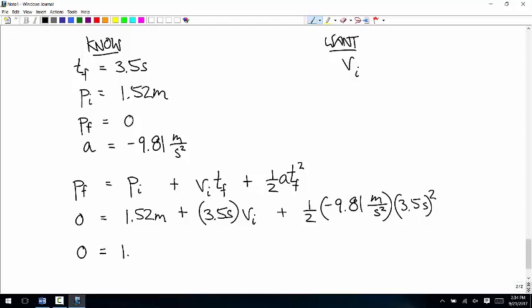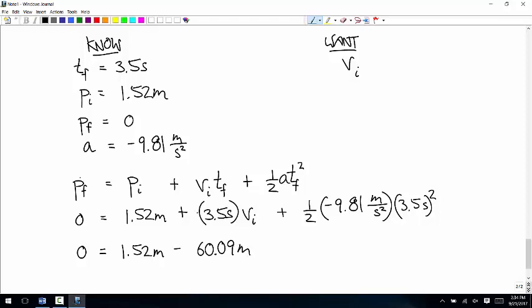So 0 is equal to 1.52 meters. What's 3.5 squared times 4.905? Okay, so minus 60.09.